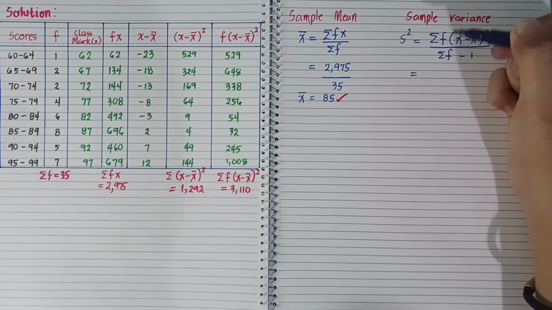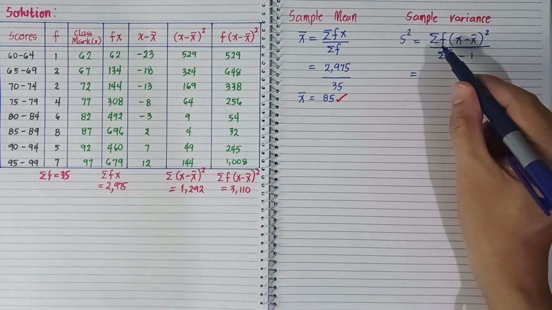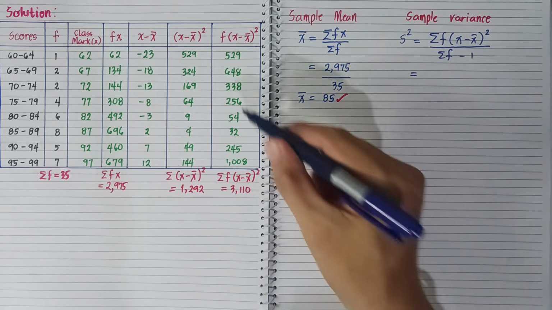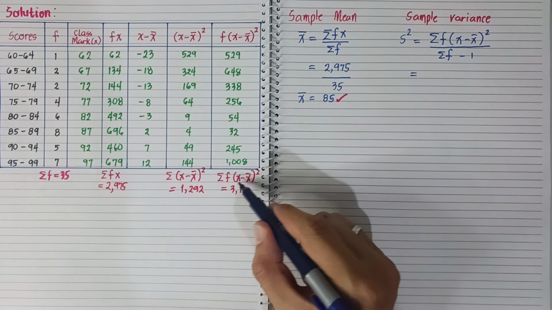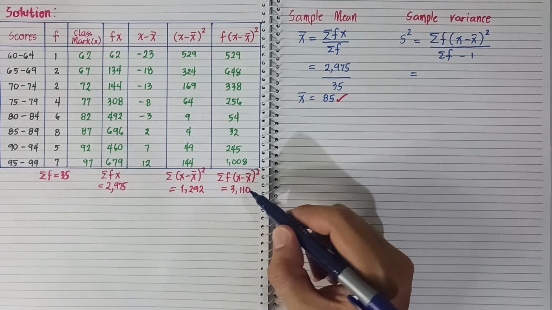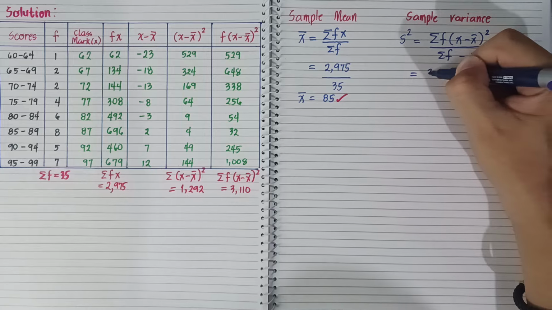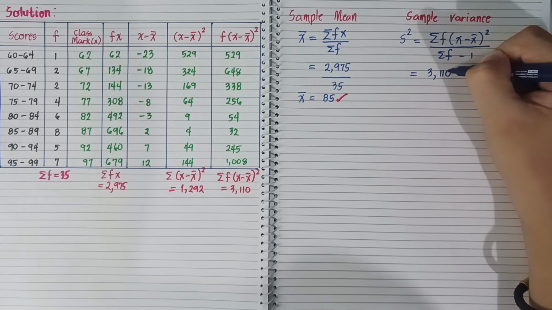So plug in lang guys, substitution tayo. Tingin tayo sa table natin, kaya kinuha natin summation ng last column. So this is about 3,110.